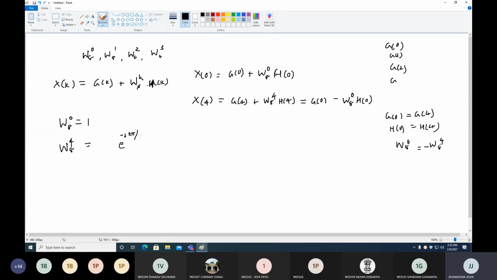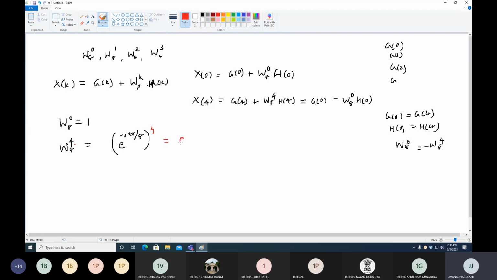What should I write in the denominator? It is e raised to minus j 2 pi by 8, whole raised to 4, because you have 4 here, right?